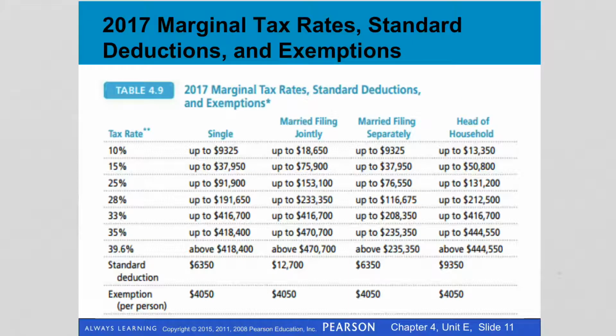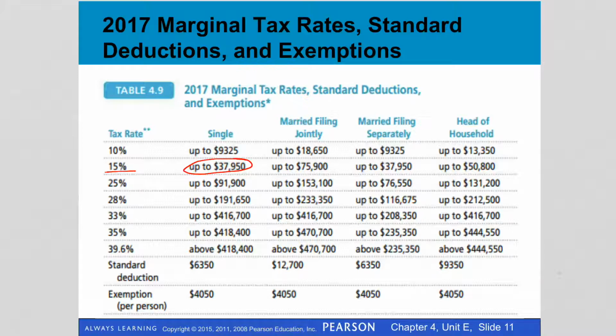Okay, I'm back. So this is what we're supposed to be looking at, the 2017. It updated last year, and then they changed everything again. So we had already found the FICA for Jude, and we were looking at the taxable income, and it said that she is single, and she makes up to $37,950, so that puts her in the 15% bracket.